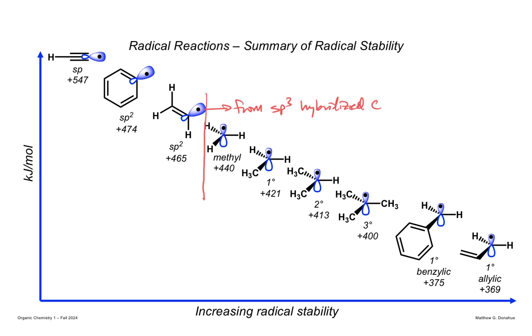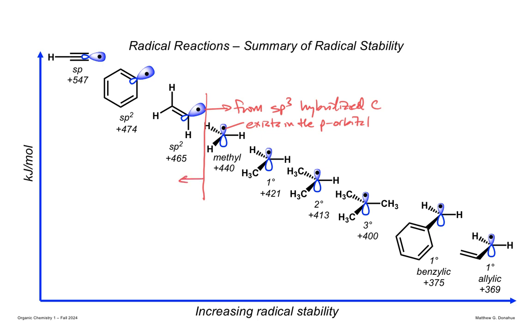When the radical's formed, it changes hybridization to sp2, and then the radical exists in the p orbital. And so those are the most common.